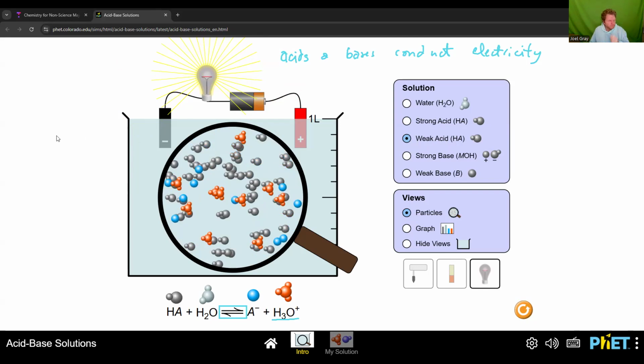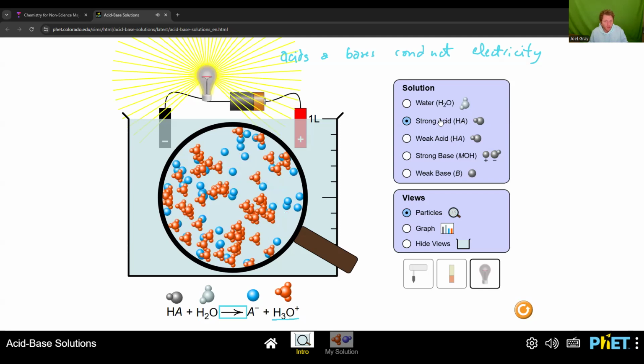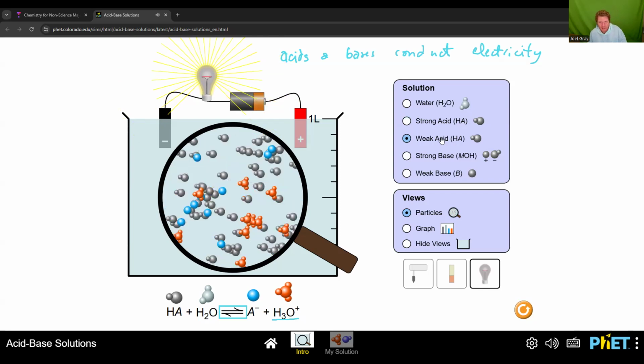So what does that tell you about your products and your reactants? In a strong acid, you have more products than reactants. And in a weak acid, you don't necessarily have an exactly equal number, but comparable numbers of products and reactants.